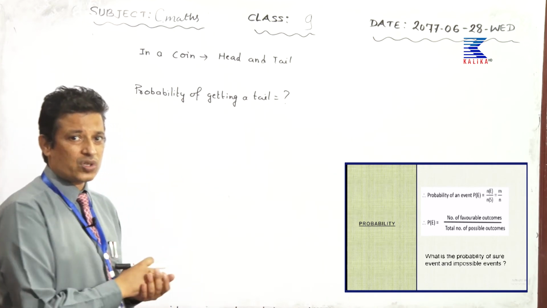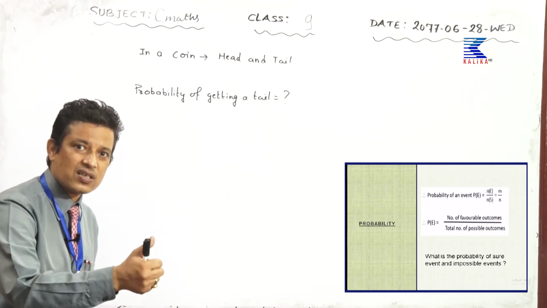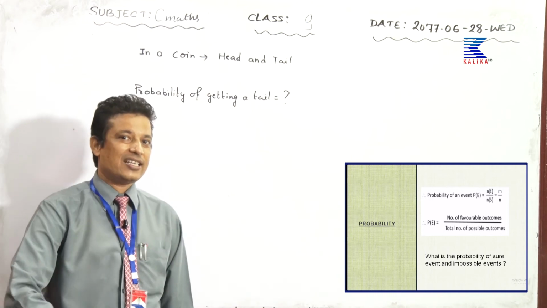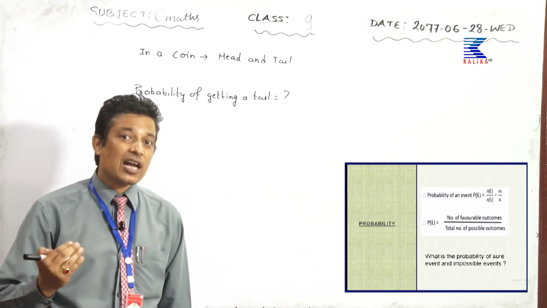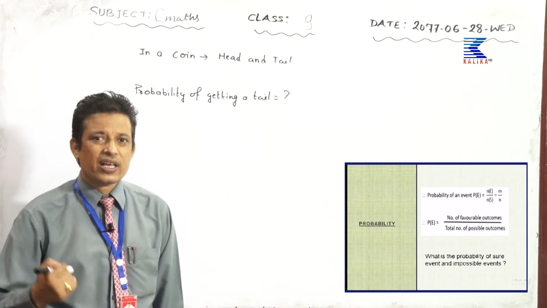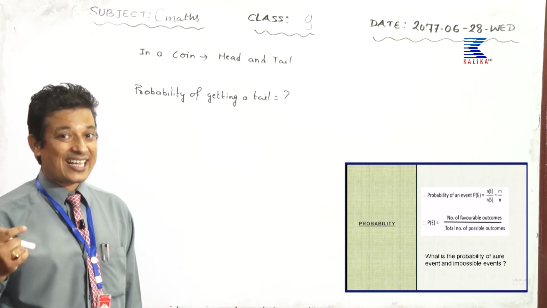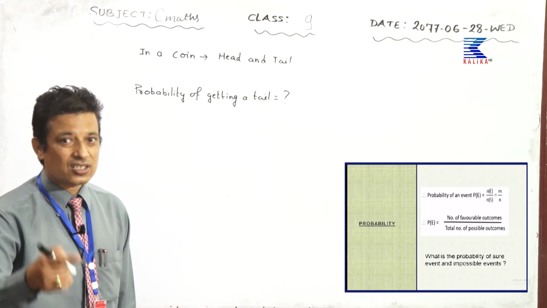And here I am going to discuss when a coin is tossed, either head occurs at the top or tail occurs at the top. Now, we are talking about the probability of getting a tail when a coin is tossed.